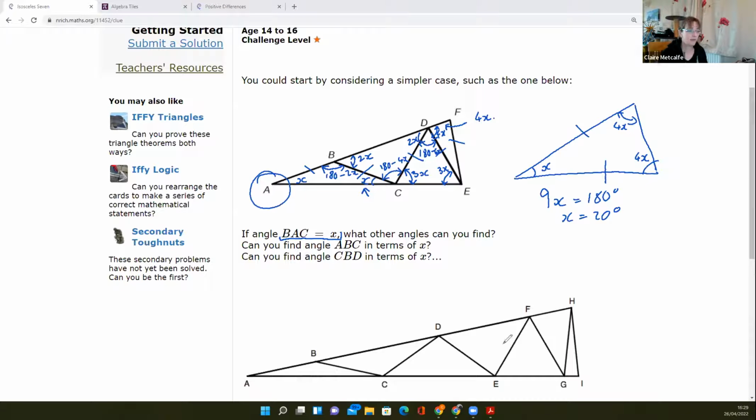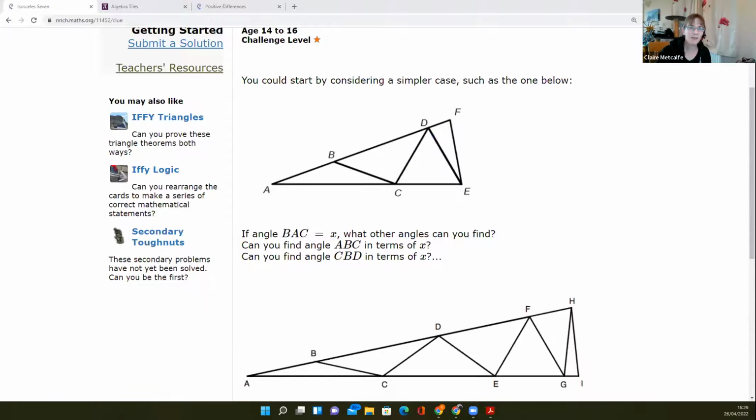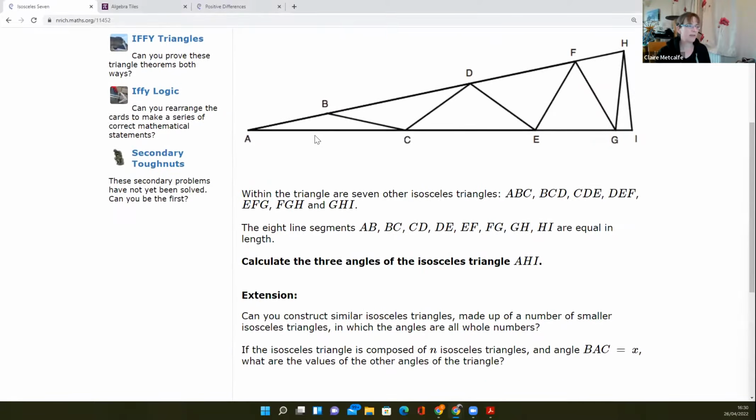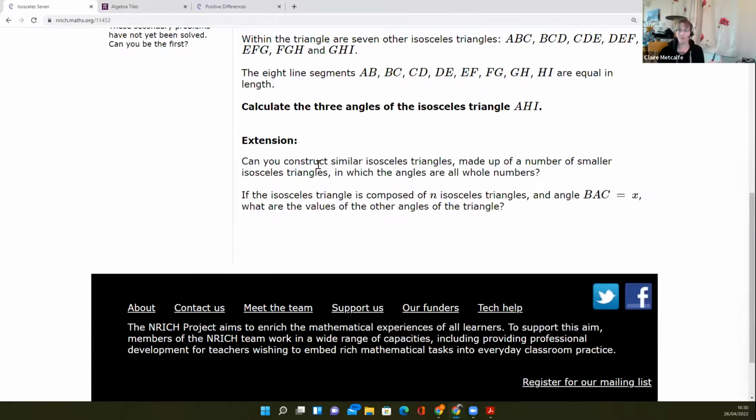And if you have a look at Isosceles 7, the original problem, you also get a nice answer. But that's not always the case. So if we go back to the original problem, after Isosceles 7, we've got an extension problem, which is for which of these triangles do you get a nice answer? And for which of these triangles do you not get a nice answer?